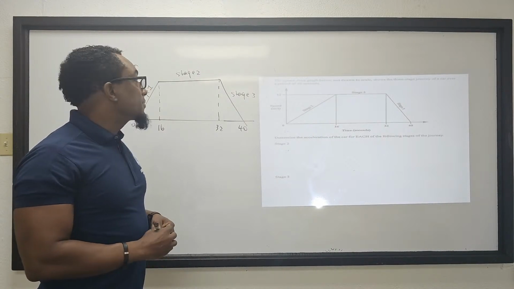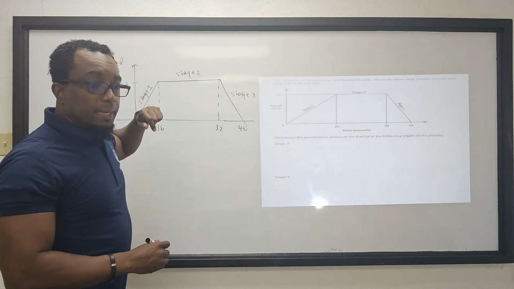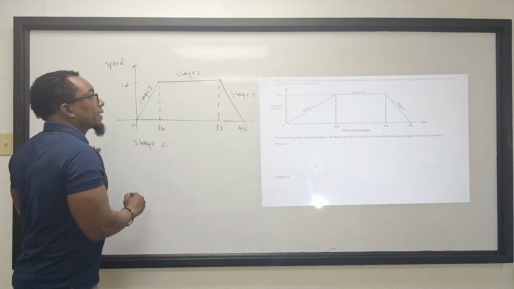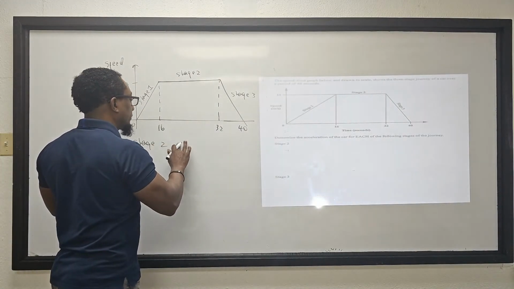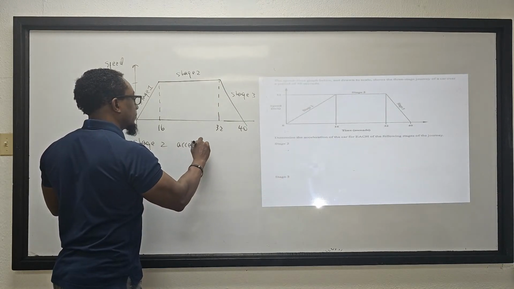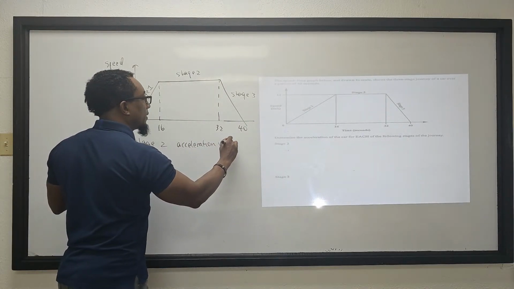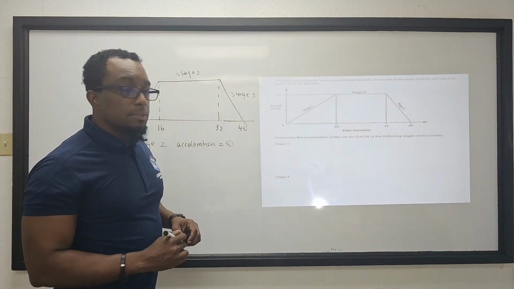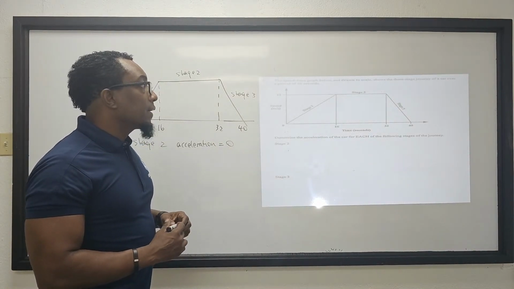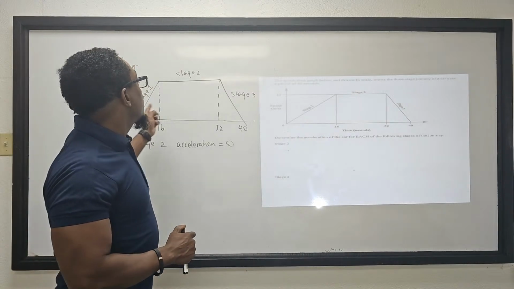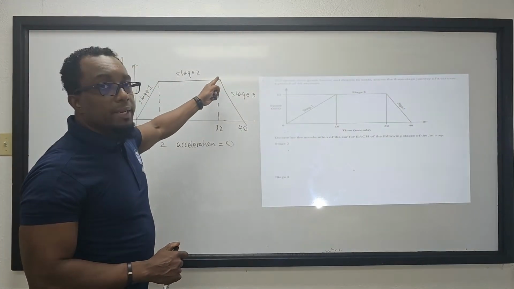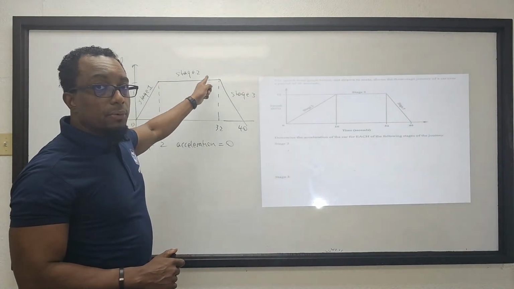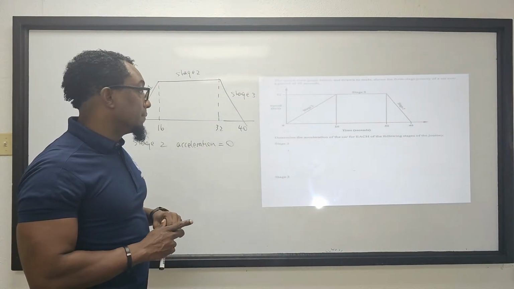So of course, the acceleration at stage 2 will be 0. So stage 2, the acceleration is equal to 0 meters per second squared, right? Because at this point you're going to reach a maximum speed. So what will happen here? The acceleration will be 0, and this is known as constant velocity.